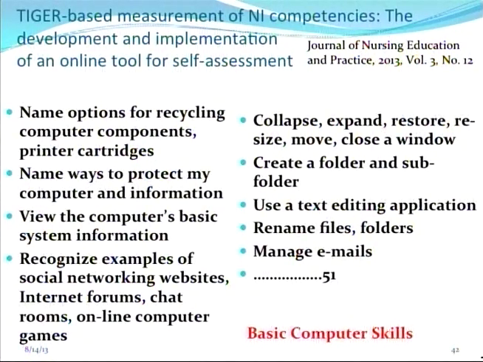This is another hospital. They actually published their work in 2013. They picked some of the Tiger competencies, after validation from expert content reviewers, which are nursing informaticists. They picked 51 for basic computer skills.